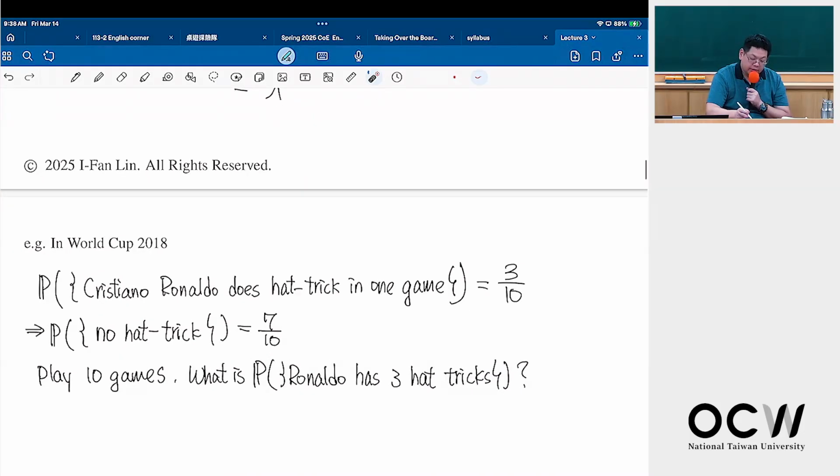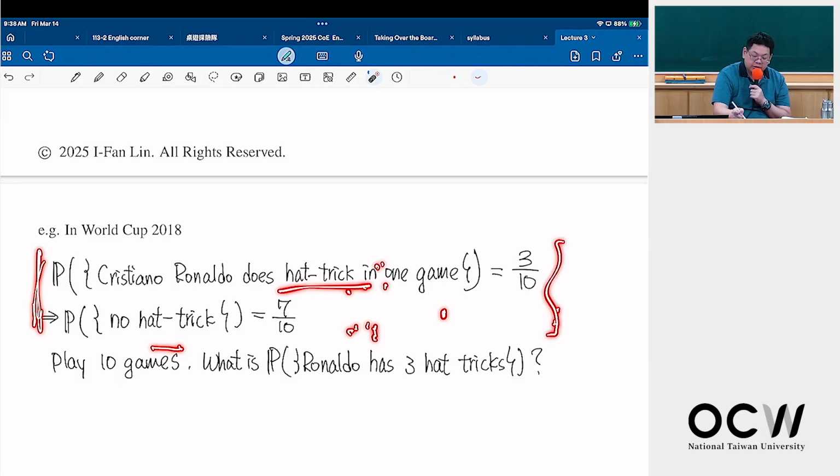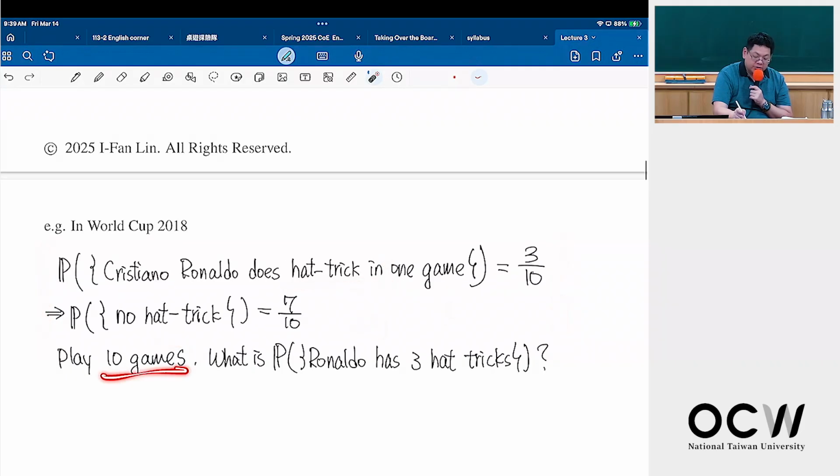So you see here, this means either you have a hat trick or not, like yes and no. Or you can think about this as 1 or 0. I only have 2 results. So for this one, this is the Bernoulli. Okay, yes or no. Now we do this yes or no for 10 times.